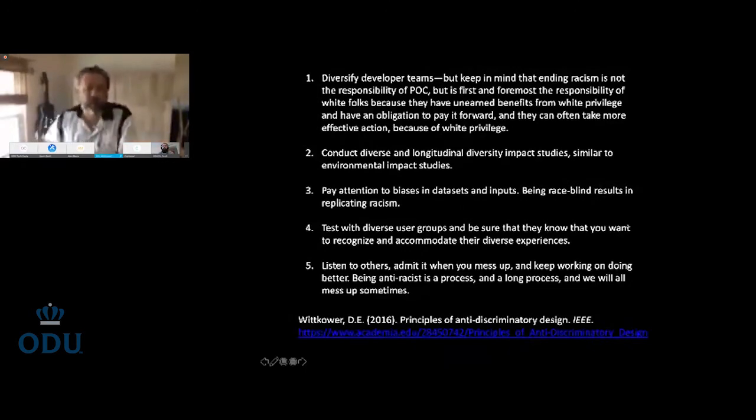So secondly, we can conduct diverse and longitudinal diversity impact studies. Just like environmental impact studies, we look at, with this product, with this technology, what are the long-term effects that this is going to have on our environment, on different species? We can similarly say, okay, let's sit down for a minute and ask, how is this going to matter to Black people?